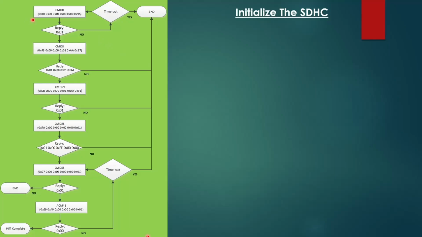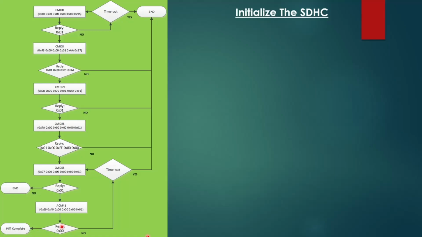The commands we need to send are command 0, command 8, command 59, command 58, command 55, and then command 41. Once we get to command 41, to verify that everything got initialized correctly, we request the output from command 41.